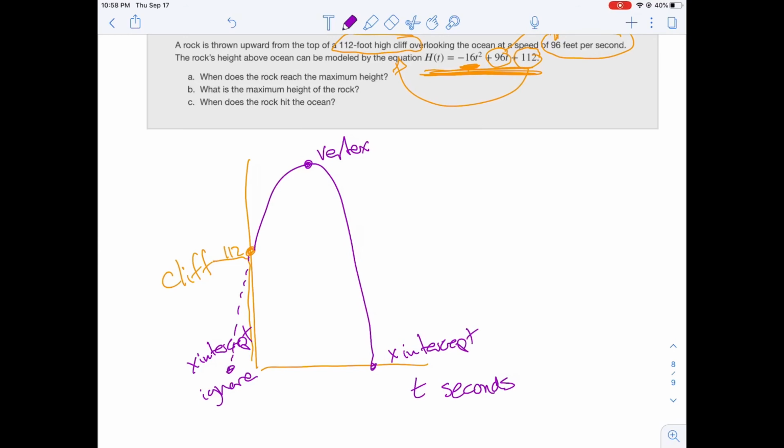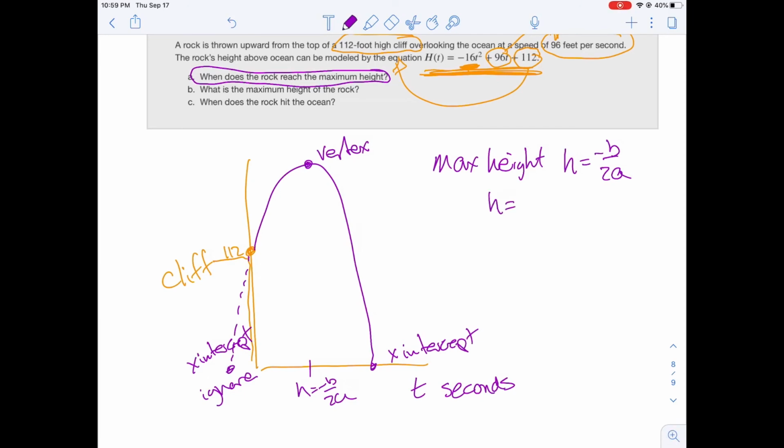And so you can ask these three obvious questions, and they have easy answers based on what we've done before. When does the rock reach maximum height? Max height happens at h equals negative b over 2a. So that's the when, that's the x value of the vertex.